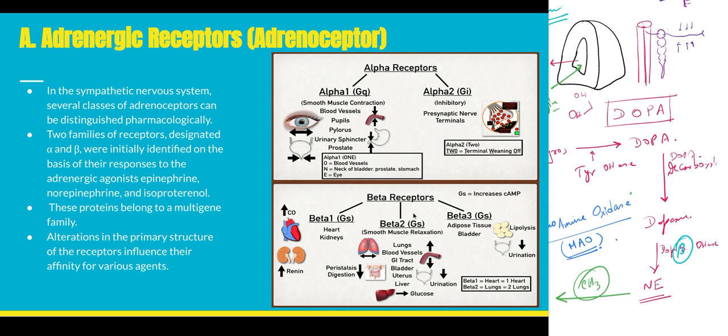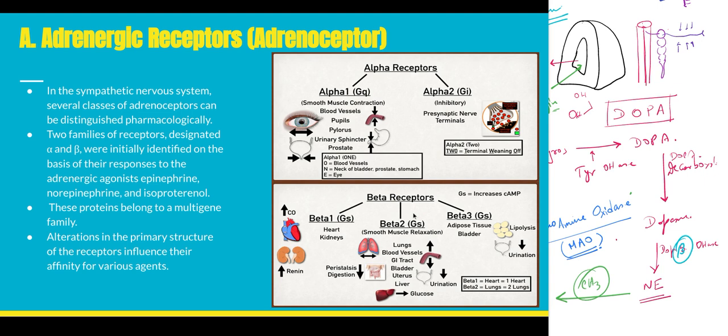If you talk about the adrenergic receptor, like we discussed, it is called an adrenoceptor. There are various types of adrenoceptors: we have alpha 1 and alpha 2, and then we have beta. Beta has subtypes like beta 1, beta 2, beta 3. So if you classify it, you have alpha and beta.